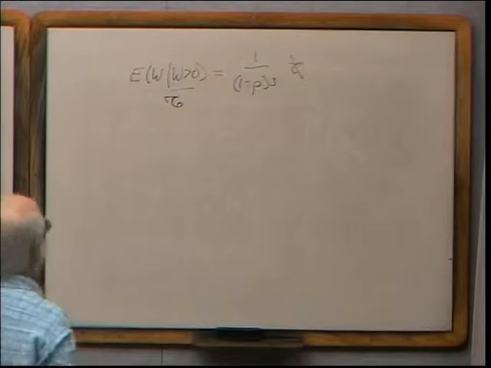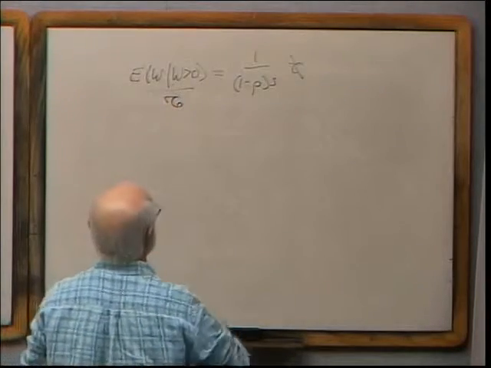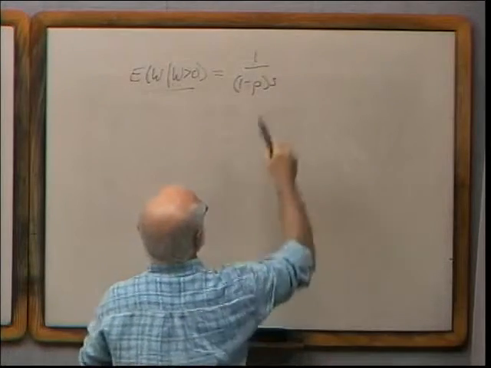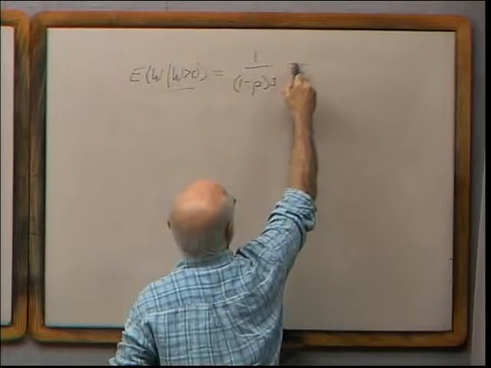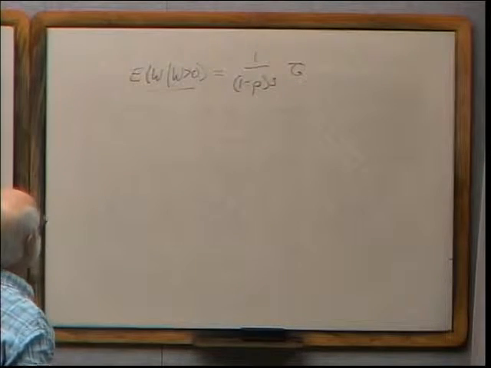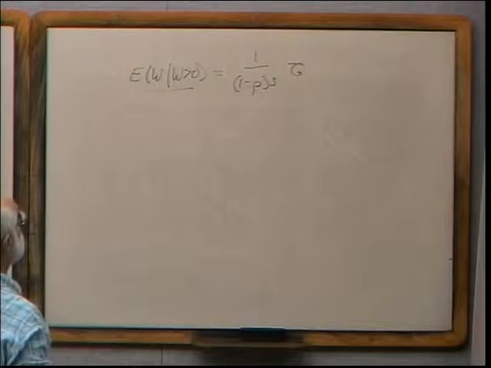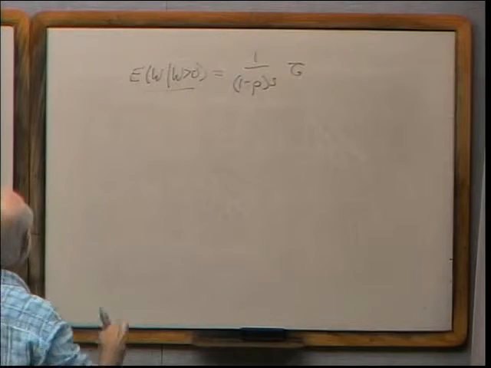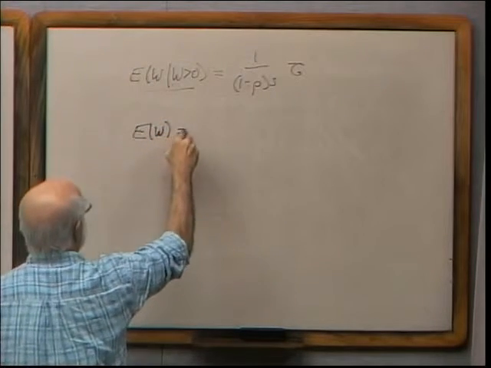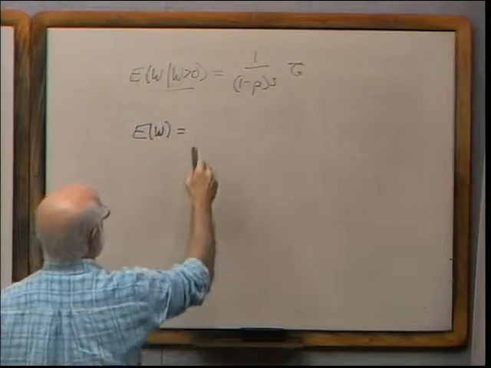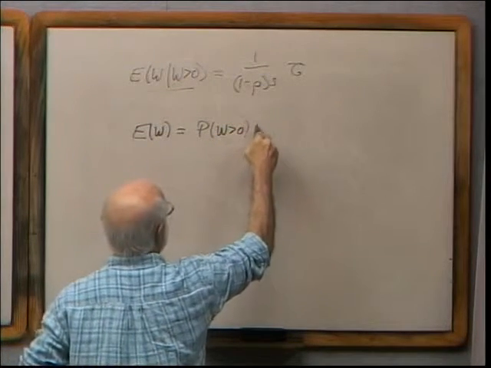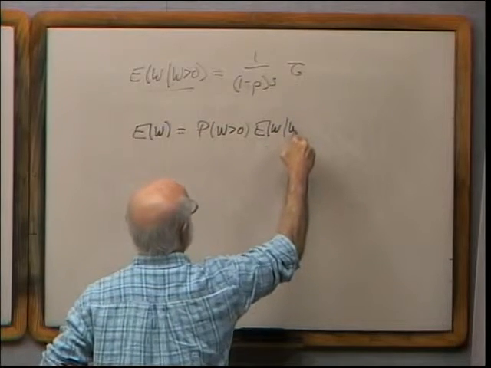Okay, now, let me put the tau back here. If that represents the expected value of the waiting time, I can go back and calculate the average waiting time for all customers, because the expected value of the waiting time is equal to the probability that you wait greater than 0 times the expected value of the waiting time given that you wait greater than 0.